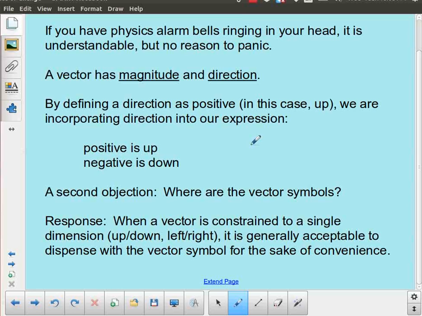Now, one way that we can explain around this, particularly because it's fairly widespread to see this in mathematics books, is if you're dealing with one-dimensional problems where it's just something like, for example, up or down, left or right, if we can define a particular direction as positive, so in this case we defined up as positive, the idea of direction is being incorporated into our expression. And the way that's incorporated is a positive number would represent up in this case, a negative number would represent down.